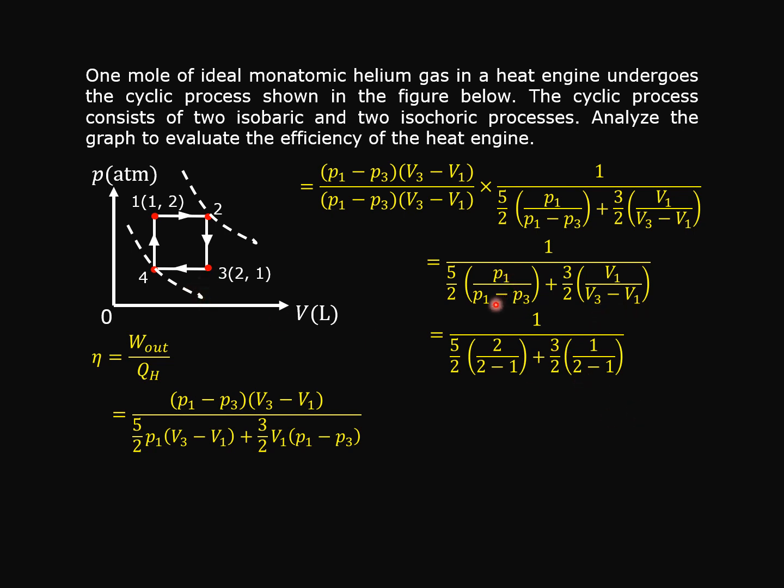These P1 and P3 are in atm, so we do not need to convert them into Pascal for the pressure. And we do not need to convert the volume into cubic meters, because this is a ratio between the volumes, and this is a ratio between the pressures. So the units cancel. If we put this one in atm, this one also in atm, they will cancel out the atm. If we substitute this one in liters, and this one also in liters, they will cancel.